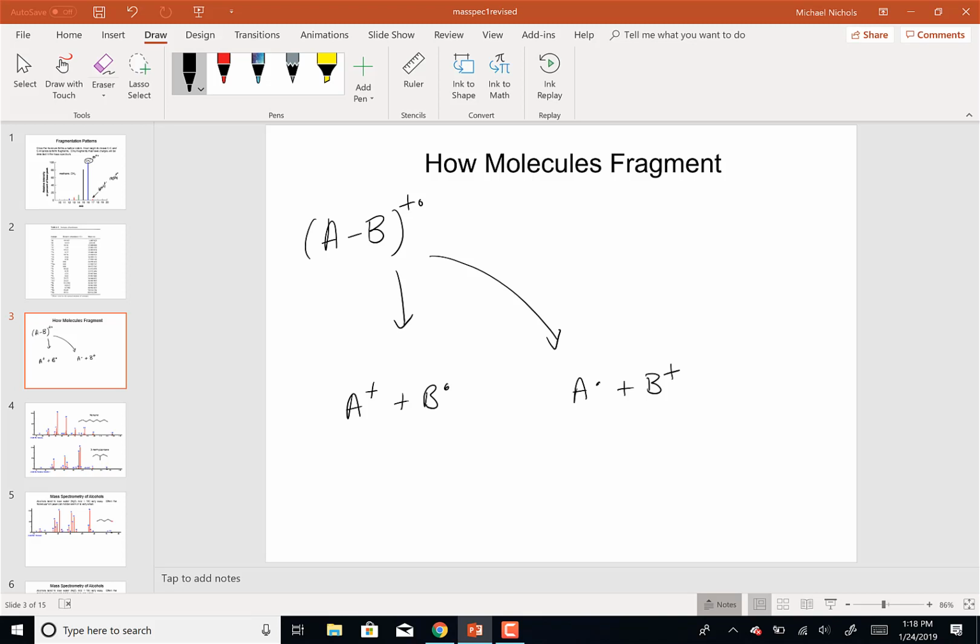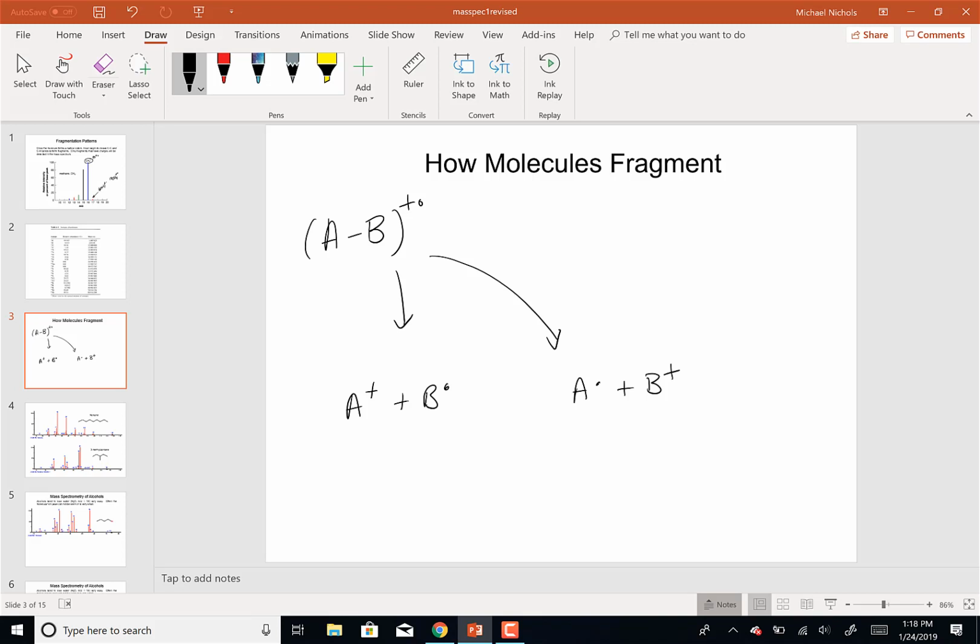When I break that bond, one part is going to be the carbocation in one case and the radical in the other. So I actually form these two sets of radicals and cations. Now the problem is that the radicals have no charge. And in mass spectrometry, any molecule that doesn't have a charge smashes into the side of the mass spec.